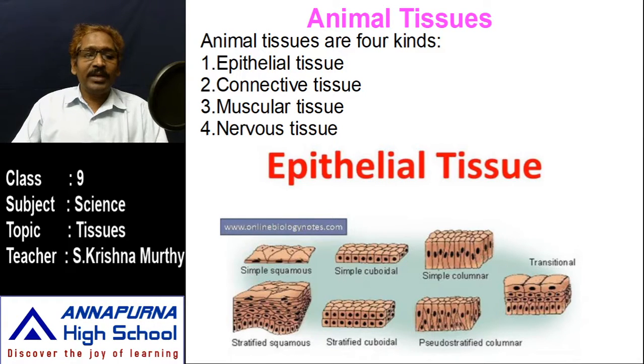Third, columnar epithelial tissue. Fourth, ciliated epithelial tissue. And fifth, glandular epithelial tissue. What are the five kinds? Squamous, cuboidal, columnar, ciliated, and glandular epithelial tissue.